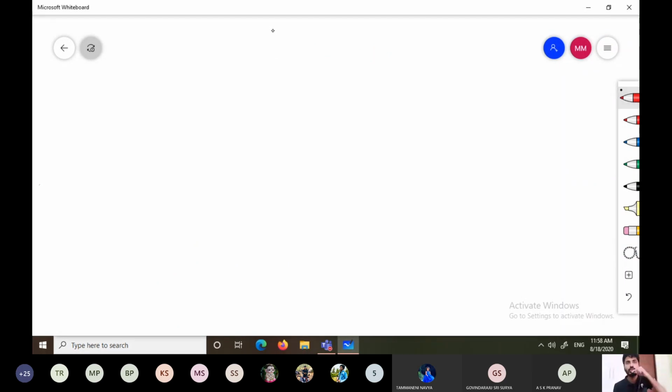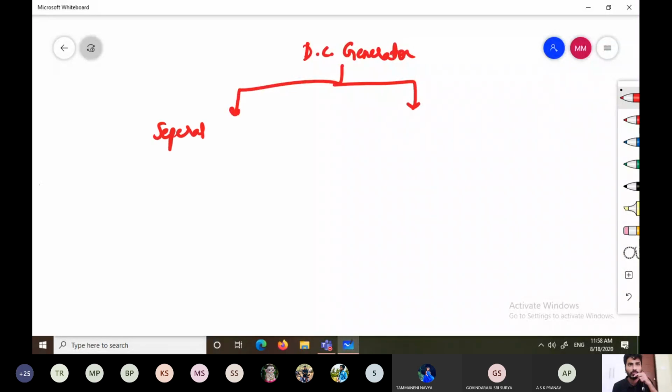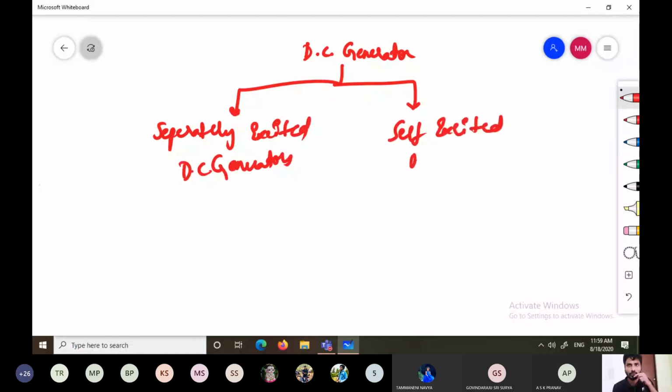Okay. Now we'll see the types of DC generators based on excitation. We have already seen they are basically classified into two types. Those are separately excited DC generators and self-excited DC generators.